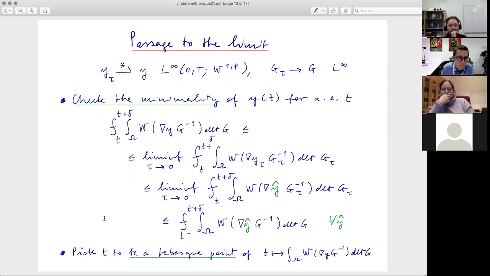And at the very end, you squeeze the radius of this time integration to 0, so you can establish this minimality for all points which happen to be Lebesgue points of this scalar function that you see at the very bottom of the page. You can prove that this is an integrable function, and for all its Lebesgue points, which are almost everywhere in (0,T), you check the minimality of y.